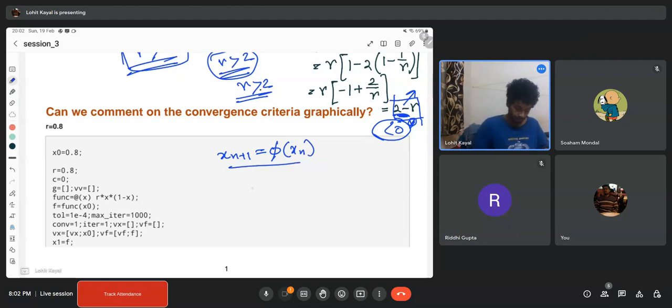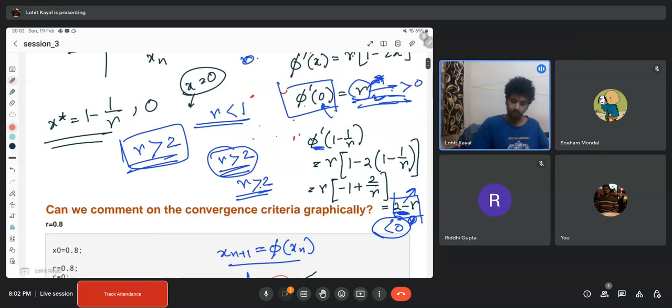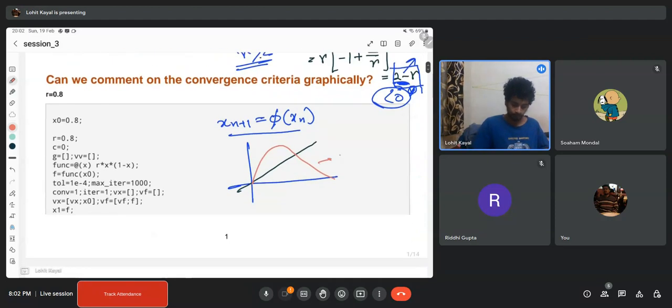Just what is happening in this function? This is my x n plus the straight line, the 45-degree line, and this is some function. It may not be this function, this is some arbitrary function. This function is phi of x n, and this is x n plus 1.